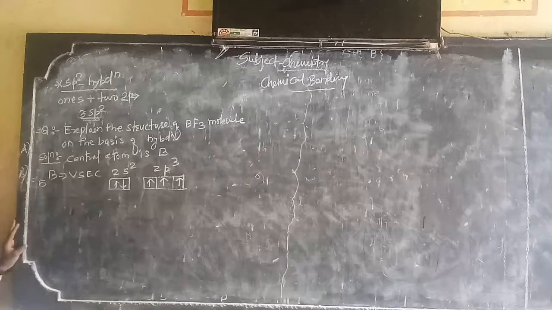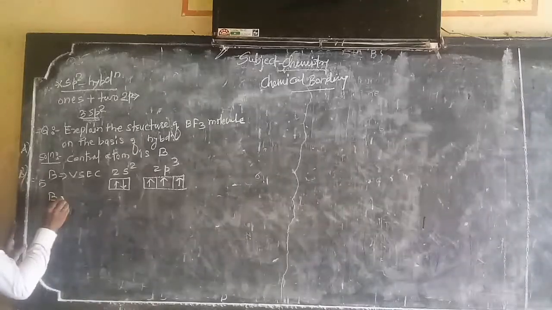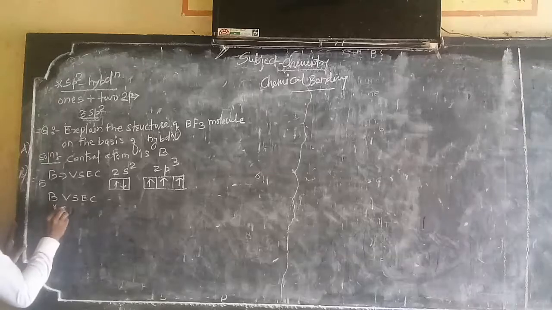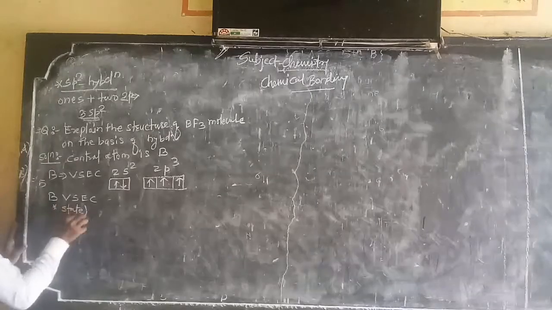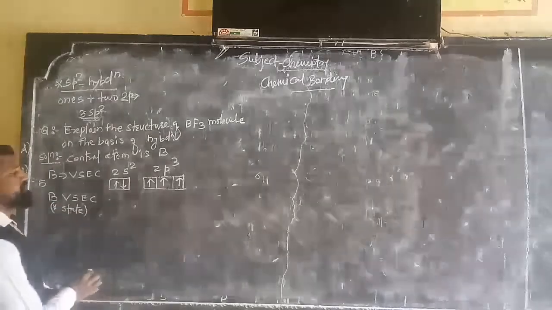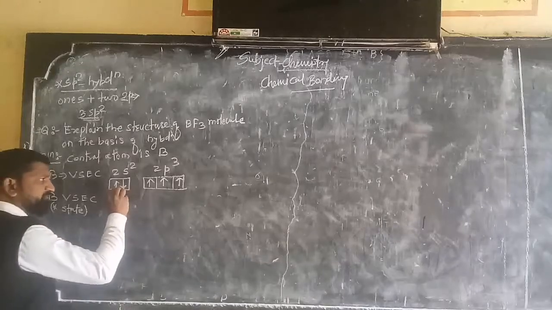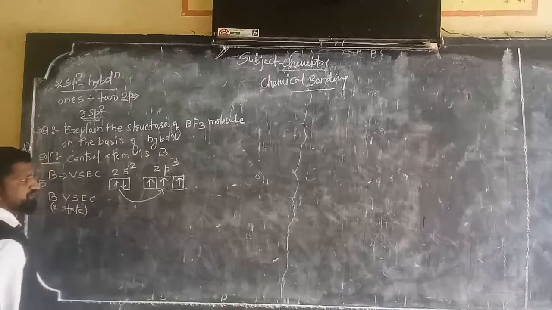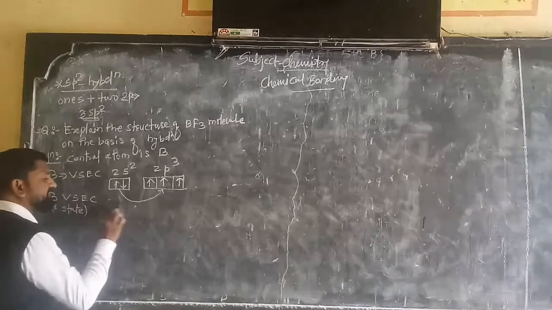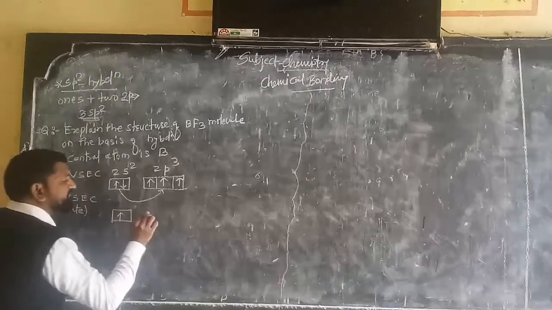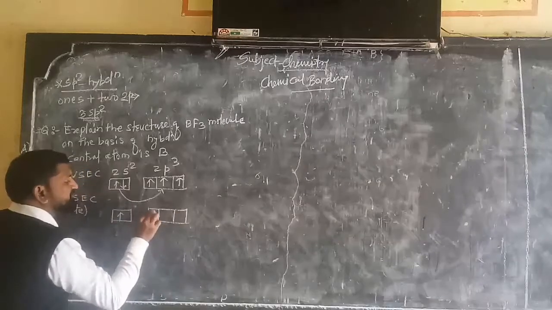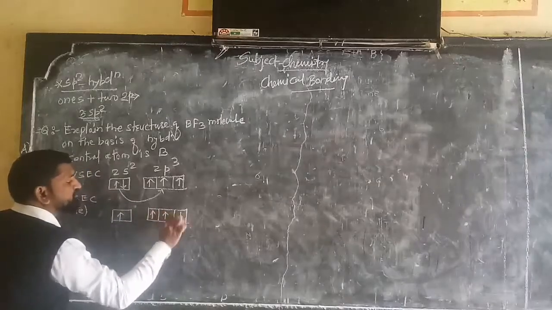Now if we write the valence shell electronic configuration in the excited state, like yesterday, one of the electrons will jump to one of the atomic orbitals of the 2p subshell, and we will get this.